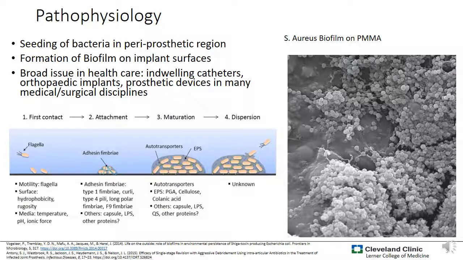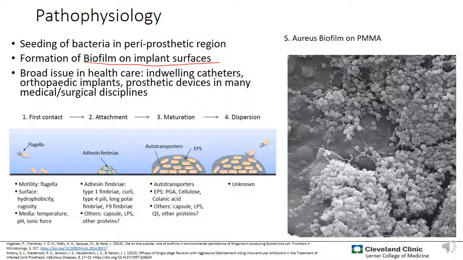Delayed or late-onset PJI is thought to be from a hematogenous spread from an infection location somewhere else in the body. Once the microbes are on the implant surface, because there's no blood flow and it is a synthetic surface, you'll end up with a biofilm forming on the implant surfaces.